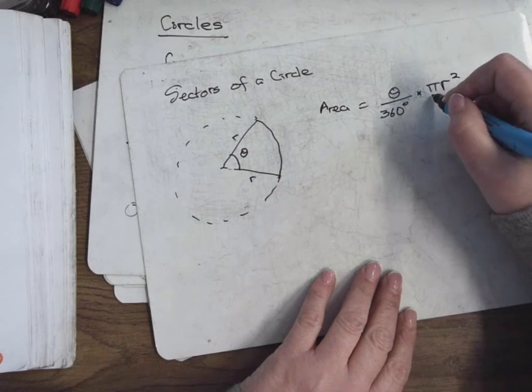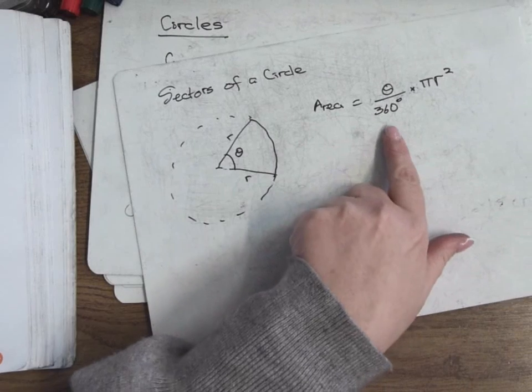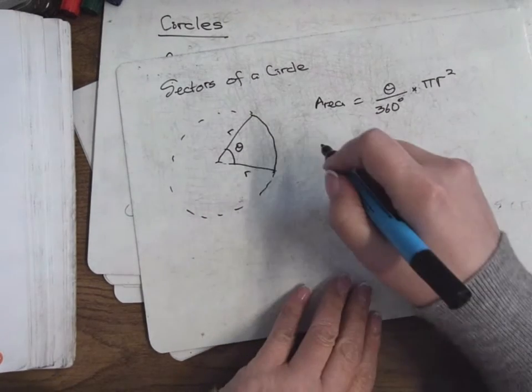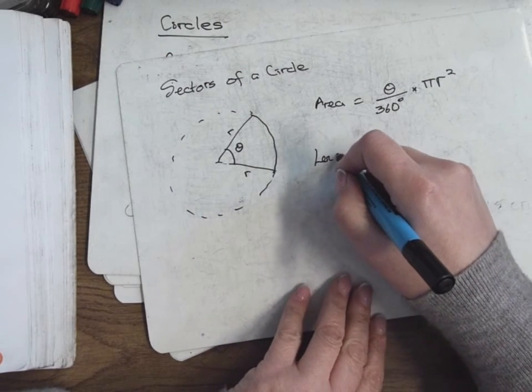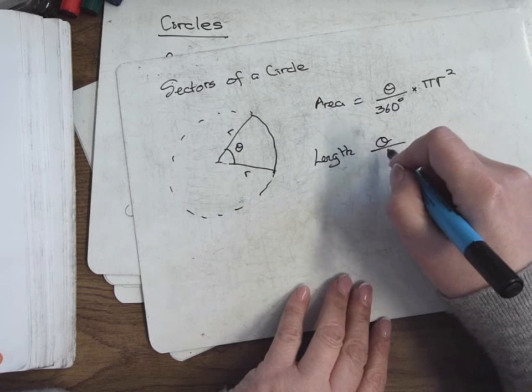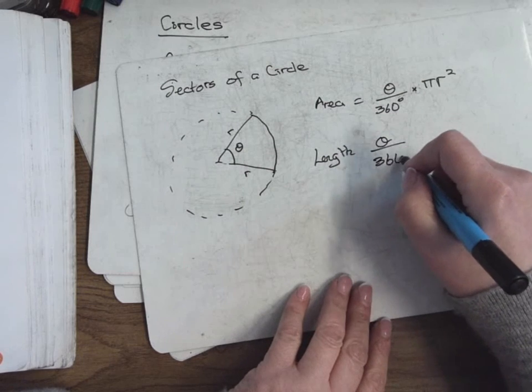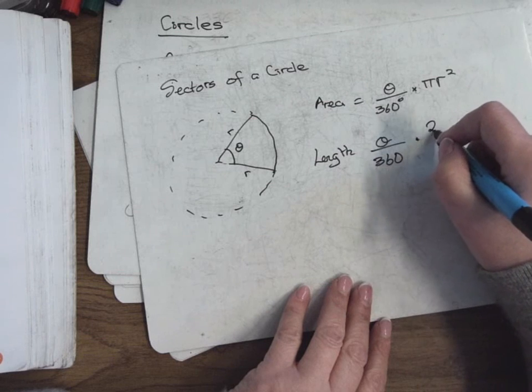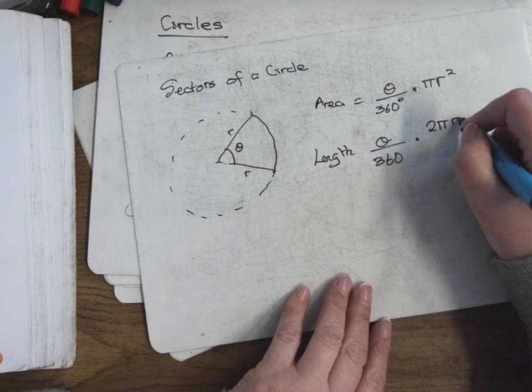Pi r squared is the area of the full circle, so you take whatever fraction you have of it. And the length is theta over 360 multiplied by 2 pi r.